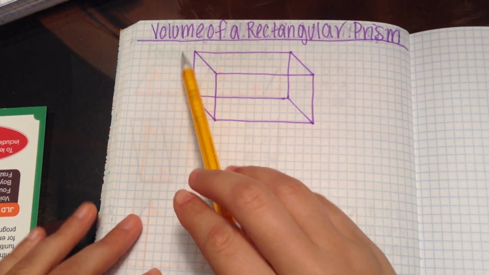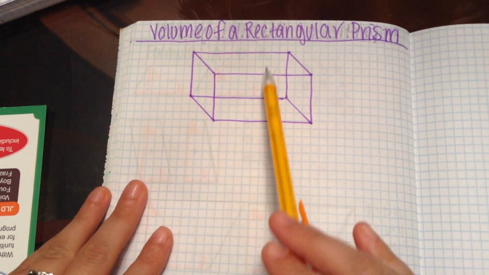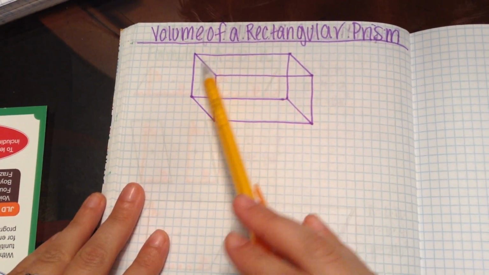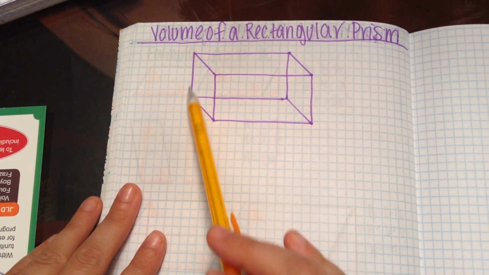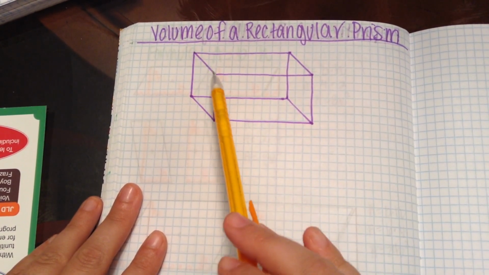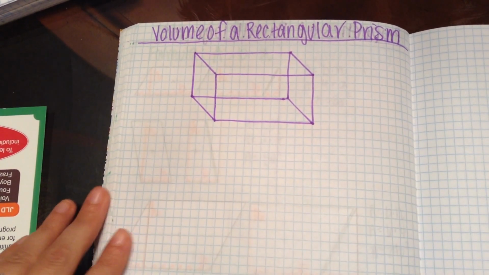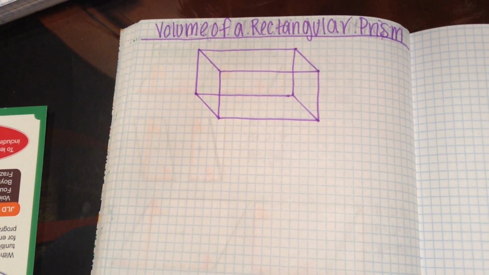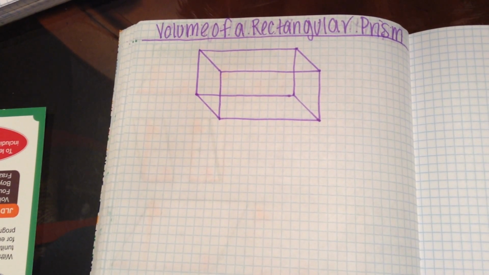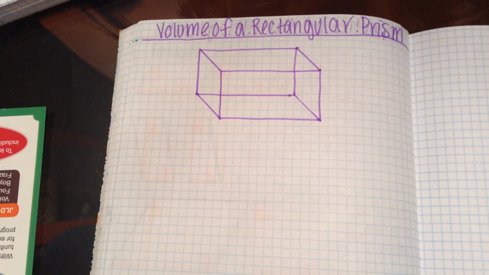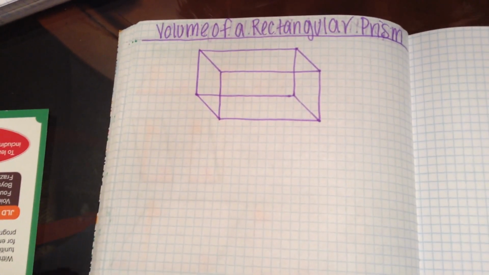Okay, so our title is Volume of a Rectangular Prism, and then I need you to draw a rectangular prism. Basically you're going to draw two rectangles like this and then connect them. Now we're going to label our rectangular prism. We have 3 dimensions.